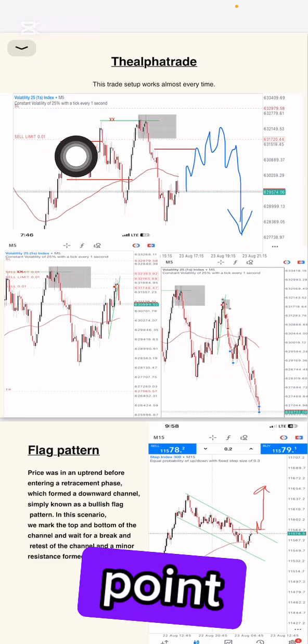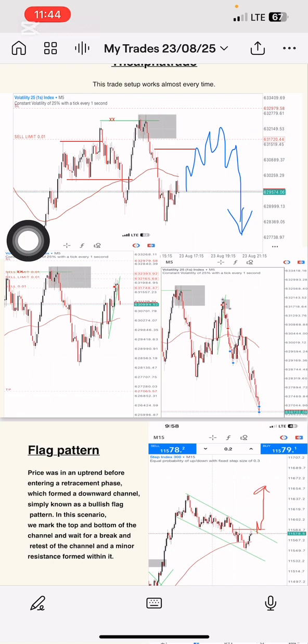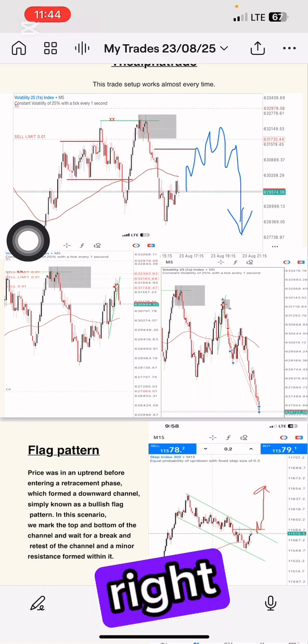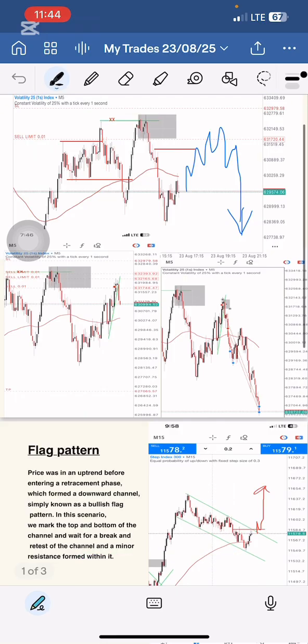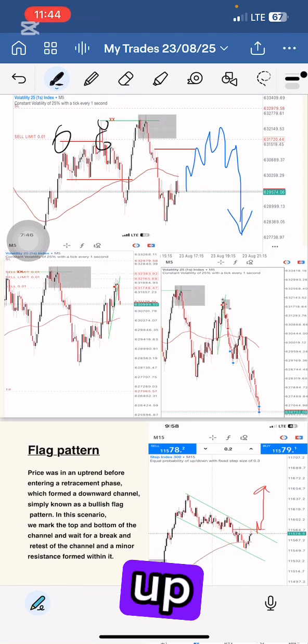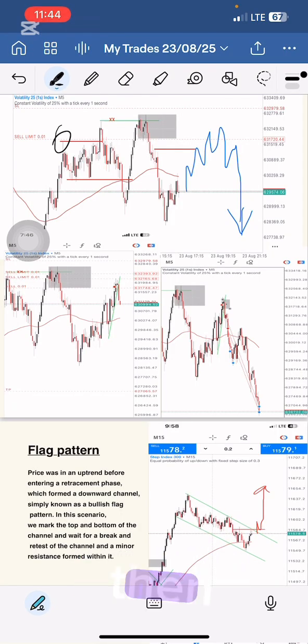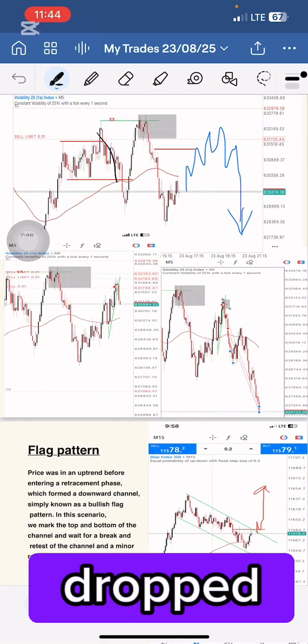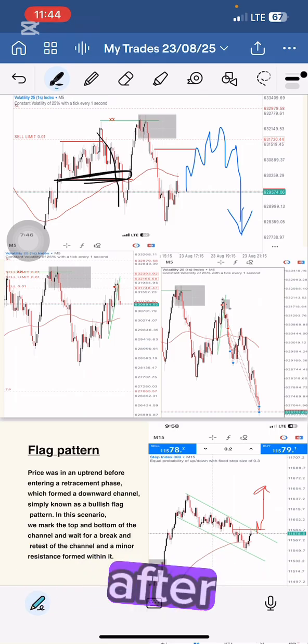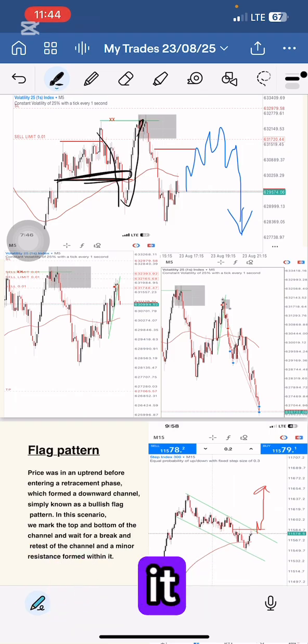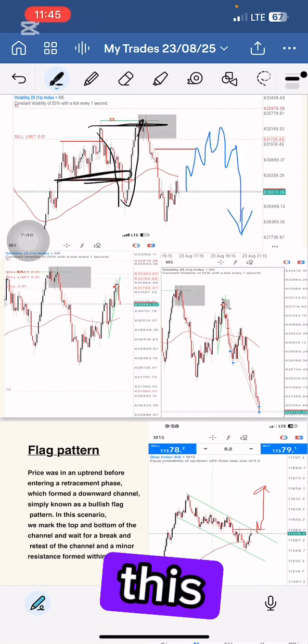So at about this point, you can see that price broke structure, and then pushed up to this place. Afterwards, price dropped and did as if it changed character here. After that, it pushed up. When it pushed up, what did it do? It swept this high.